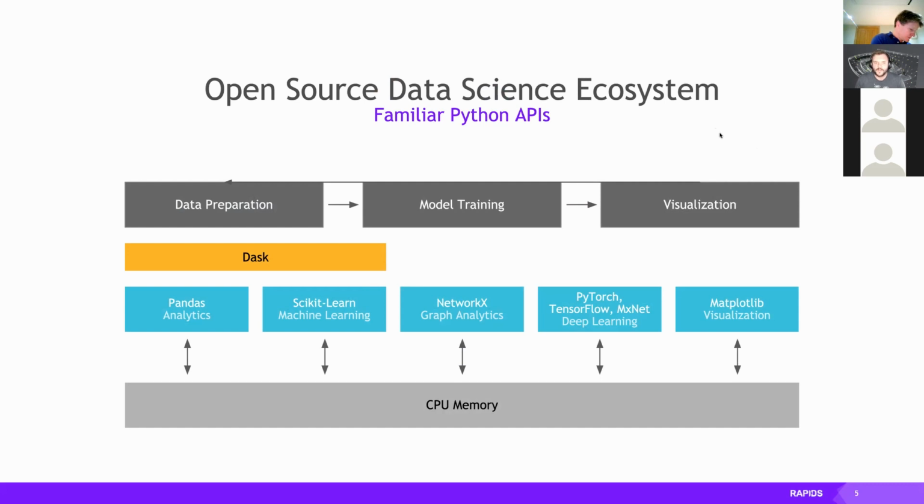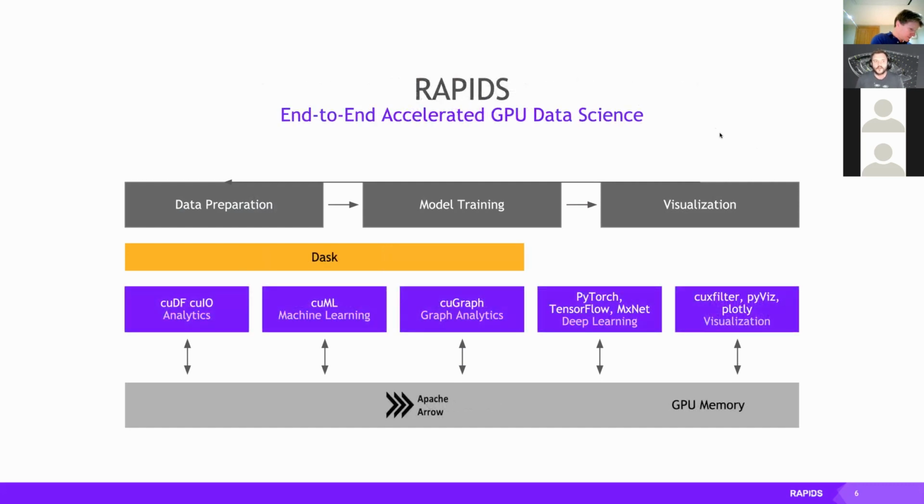So the goal of Rapids basically is to plug into all of these same slots with familiar libraries that people who know these things will already be able to just pick up and run with. So if you know how to use pandas, you can go and pick up cuDF, which is our GPU accelerated dataframe library. It follows the same API. You can import it, it has the same methods, they take the same arguments. Everything feels pretty familiar, but it just goes faster if you have an NVIDIA GPU.